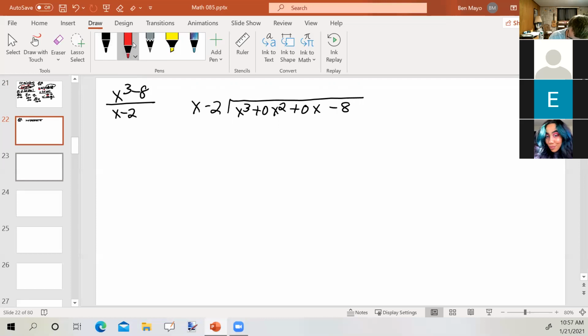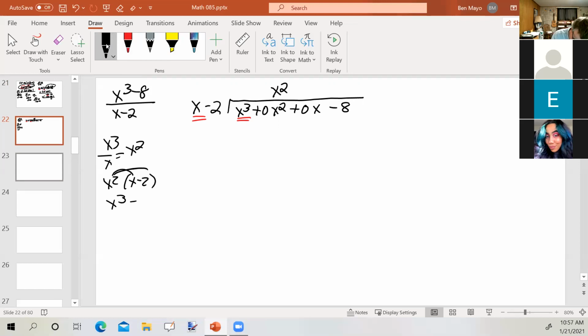All right, leading term inside divided by leading term outside. X cubed divided by x is x squared. Then we take the x squared times the outside x minus 2, distributing, we get x cubed minus 2x squared.